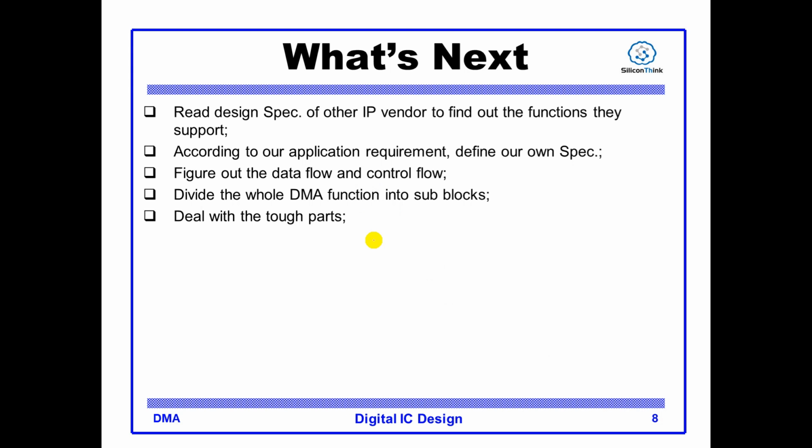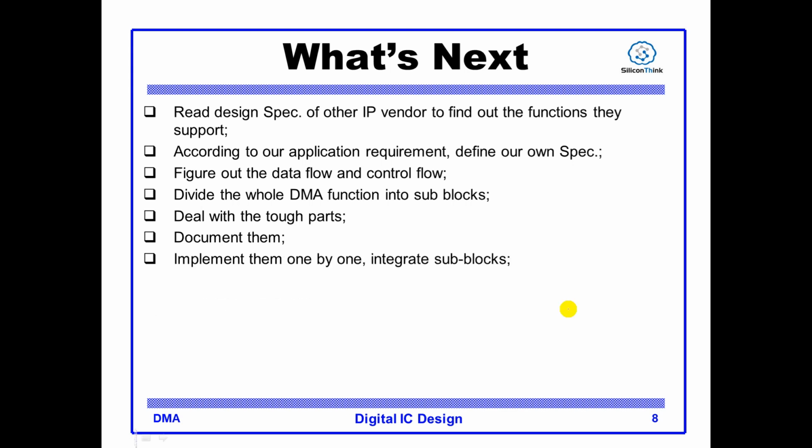Then you need to go deep in each subblock and figure out the right hardware architecture for the tough parts inside each block. When these are done, you have to document your ideas. Then you can implement the subblocks one by one and integrate all the subblocks.